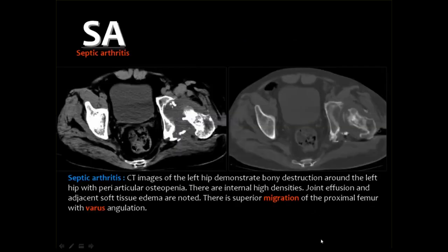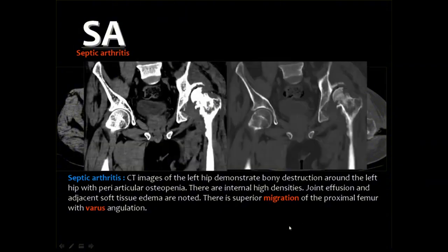Actually, CT is good in this particular disease, where it can show the extent of destructive changes in the hip joint, and the extent of collections and abscesses within the joint itself, as well as the bone debris, and also the state of the joint, if it is dislocated or subluxated or migrated like this.